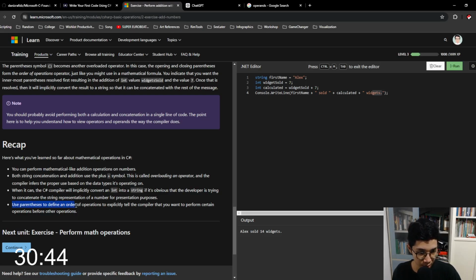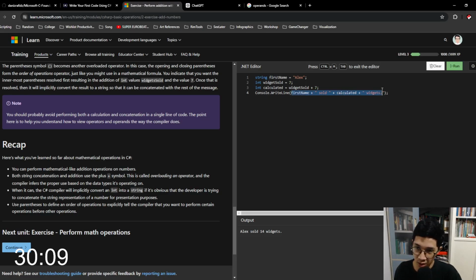Okay, use parentheses to define an order of operations, to explicitly tell the compiler that you want to perform certain operations before other operations. Always use parentheses when you have a plan, you want to explicitly show your intention so the compiler can understand what your point is.